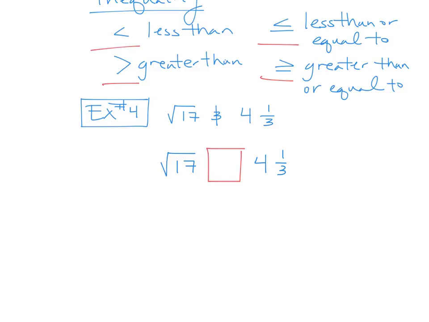Your calculator becomes your best friend. Okay? You plug it into your calculator. So in your calculator, plug in the square root of 17 and tell me what you get. 4.12310, right? It keeps going. Okay? What is 4 1/3?